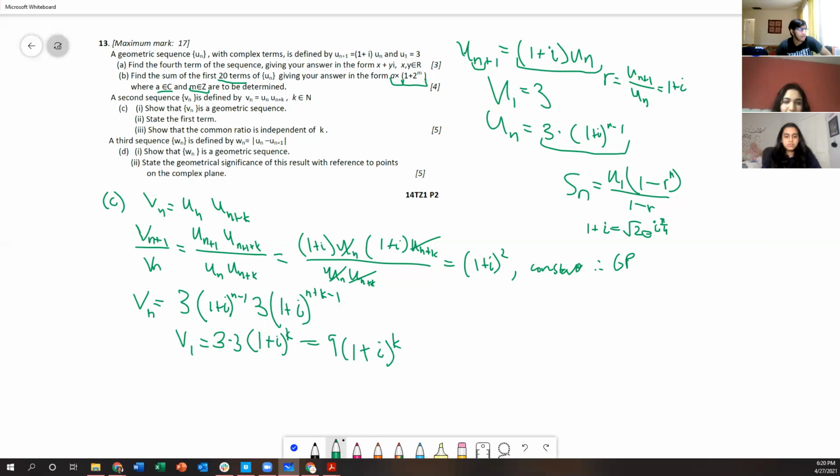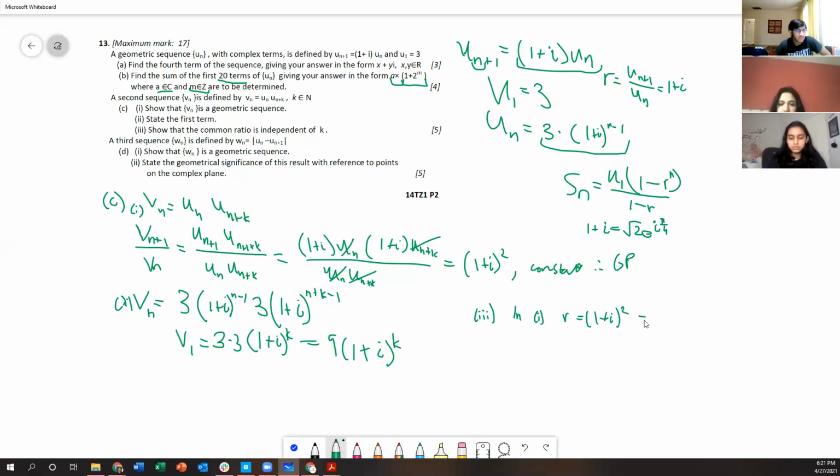Yes, just plug it in, really. That's what we're doing here. To find the first term, we just plug in n equals 1. Okay, now show that the common ratio is independent of k. Well, we already found the common ratio. This was part 1, this is part 2. Now for part 3, we already showed in part 1 the common ratio r was 1 plus i quantity squared, right?